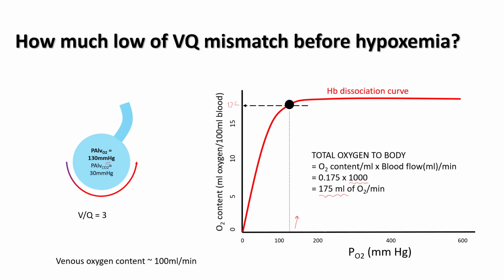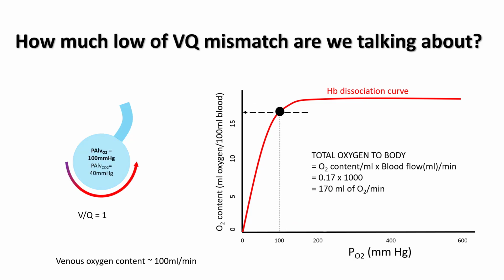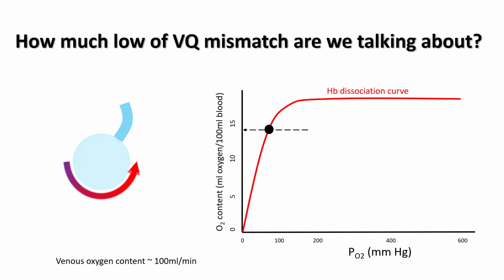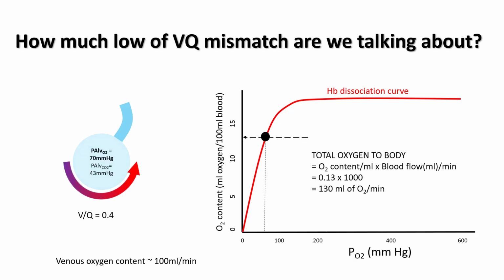If we keep the amount of blood flow the same, however, and we keep on changing the VQ ratio, the total amount of oxygen that is coming out of this alveoli drops down to 170, which is not a very significant drop. And as your VQ ratio drops, you are coming down on this curve, and you can see that once you start hitting P alveolar O2 of around 70, the total amount of oxygen that is coming from these alveoli drops dramatically.